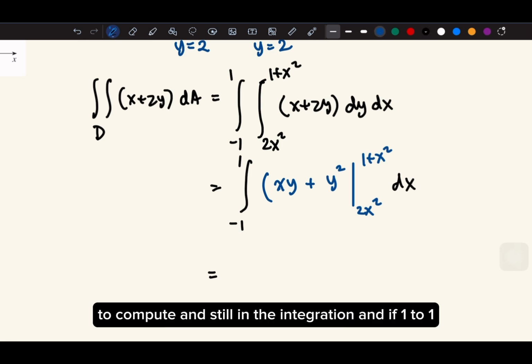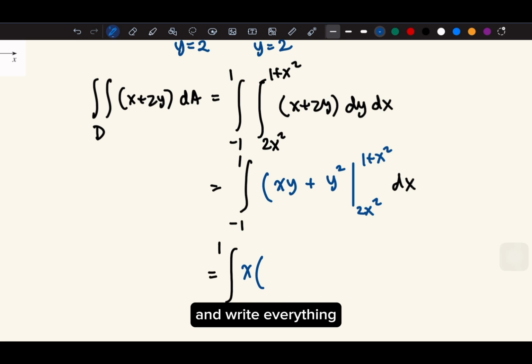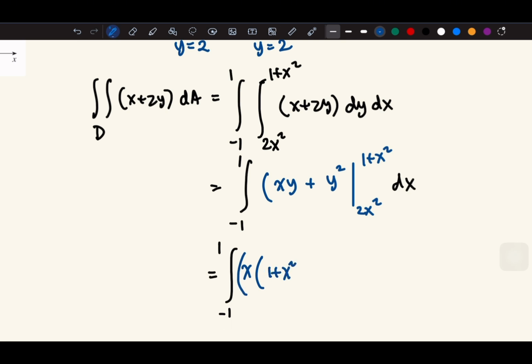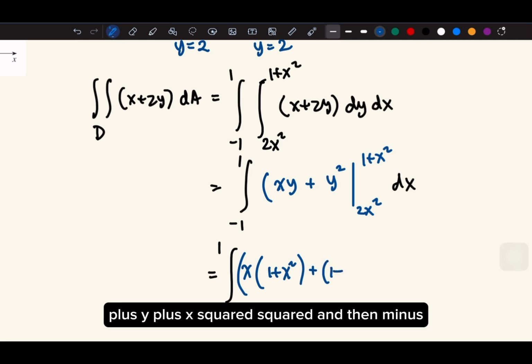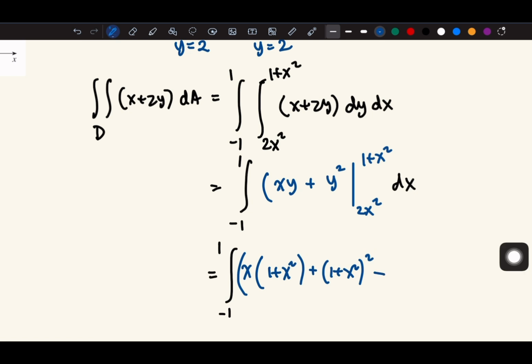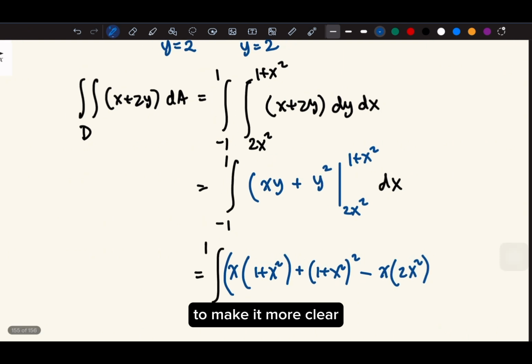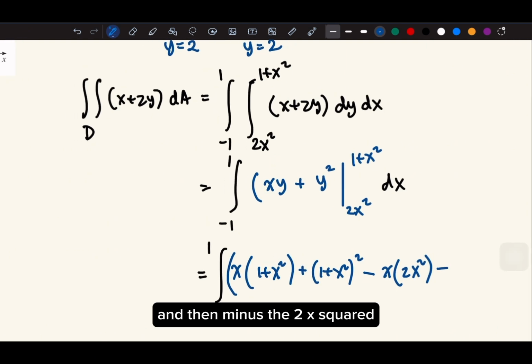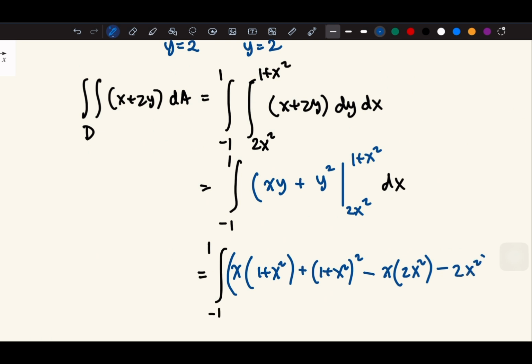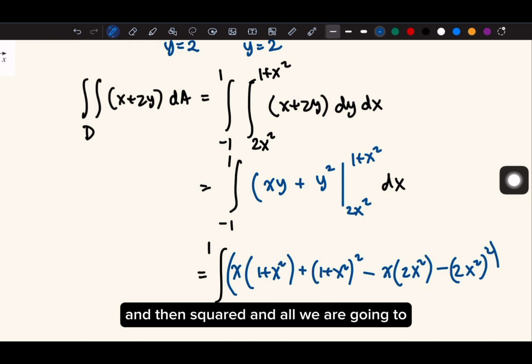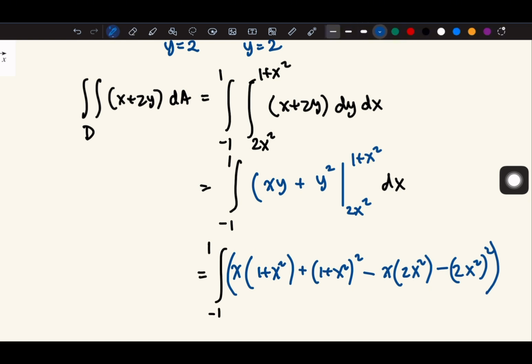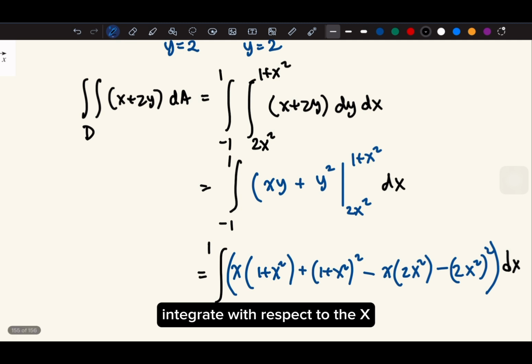So we are still in the integration from -1 to 1: x times (1 plus x squared) plus (1 plus x squared) squared, and then minus x times 2x squared, minus (2x squared) squared, and then we integrate all of it with respect to dx.